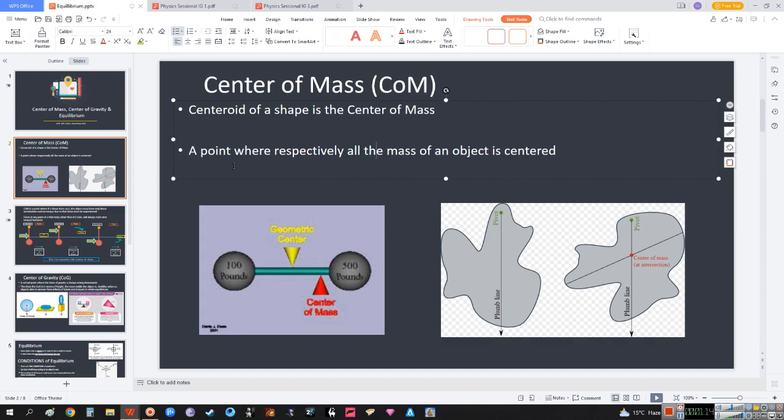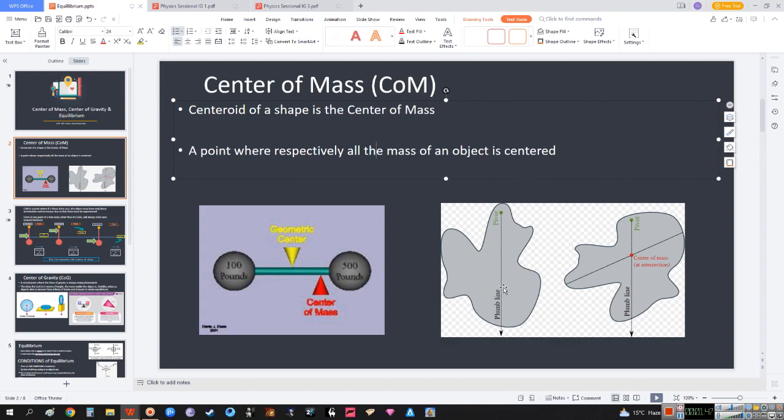So, to find the center of mass, we take this irregular shape, and we hang it from this point, the green point right over here, and we put a plumb line along it. It's freely hanging, so it points downward due to gravity from this pivot, and the plumb line gives us a traceable line.